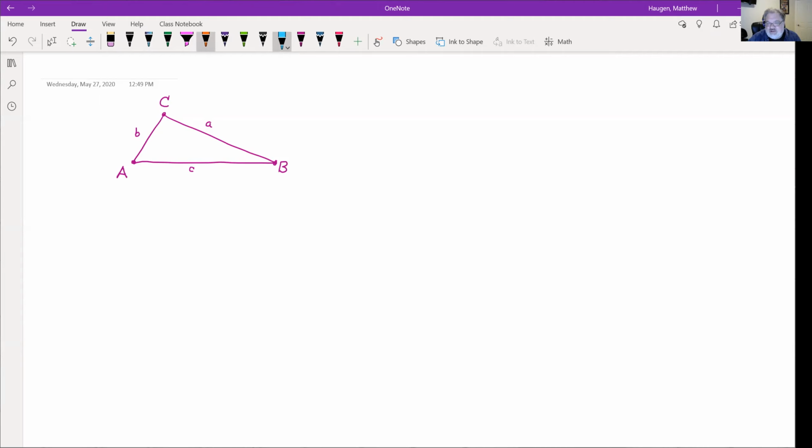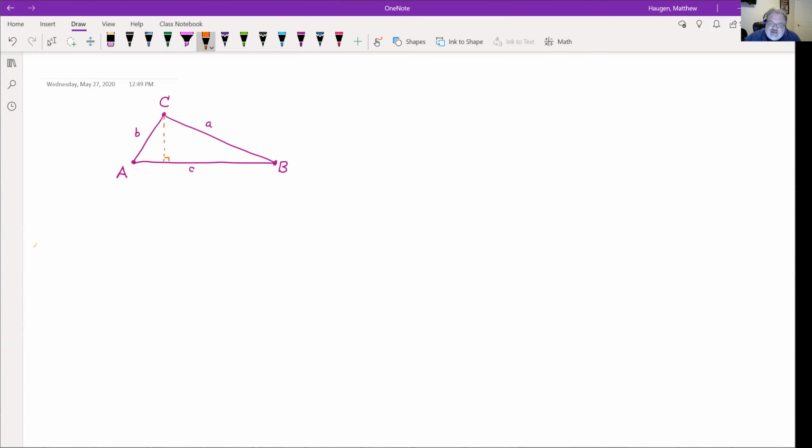And it might seem like cheating, but we're going to do that by dropping an altitude, as it's called, from one of the vertices down to its opposite side at a 90-degree angle. So I wanted to break away from 90 degrees. How are we doing that? Well, step one, make a 90-degree angle. That might seem like I'm cheating, but I do need to relate our tools to this new thing. So our tools are dependent on that 90-degree angle.